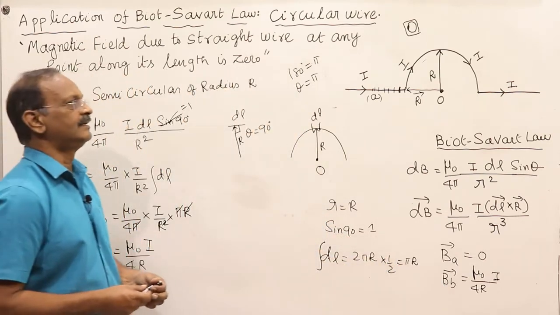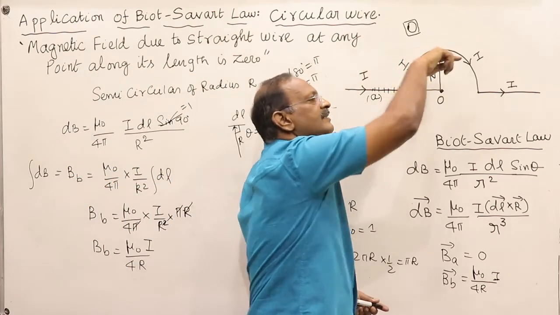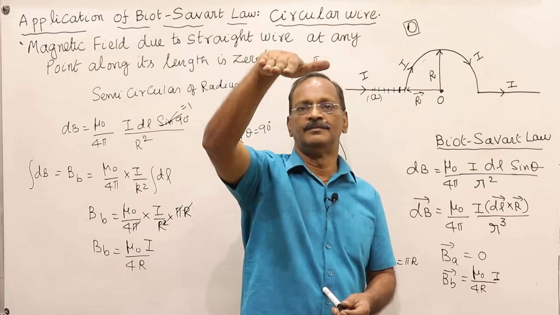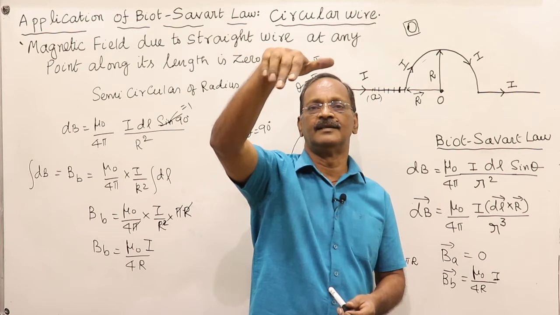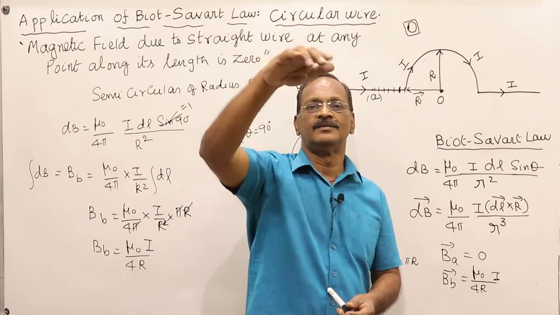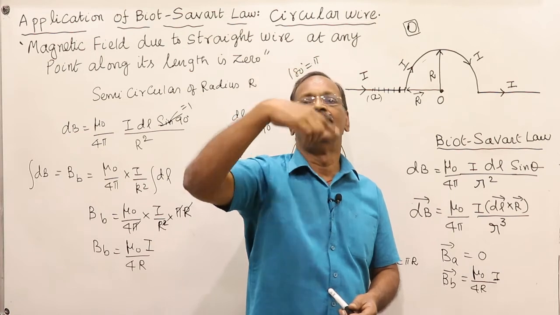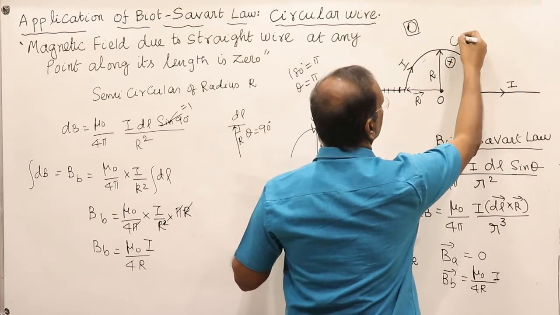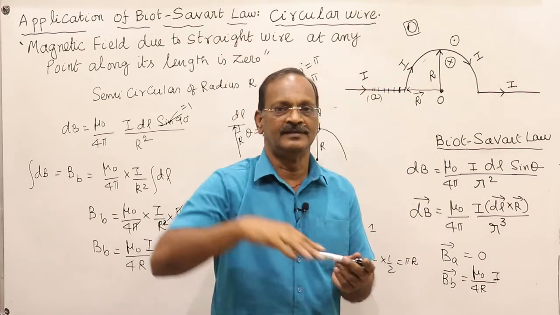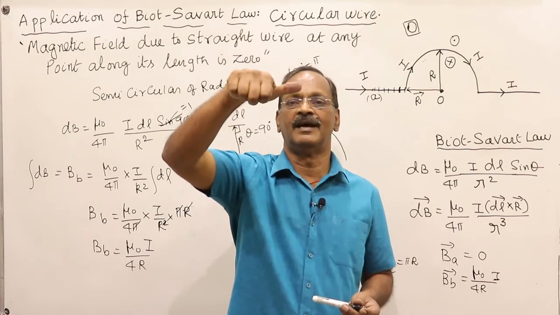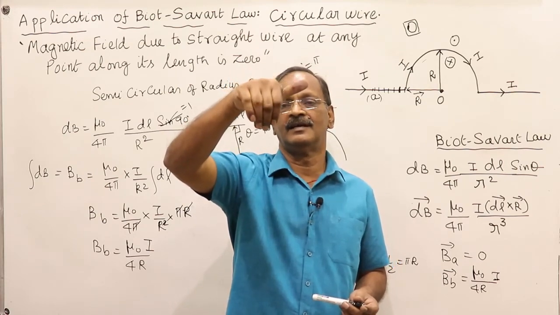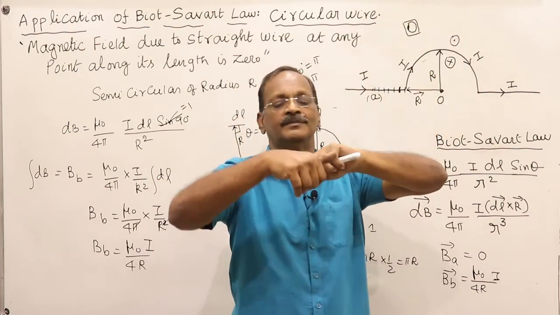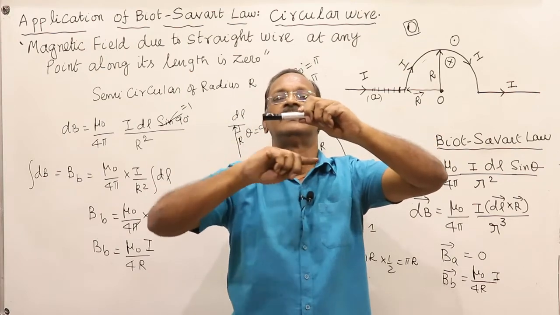What is the direction? The current is flowing here in this direction. We apply the right hand thumb rule: thumb in the direction of current, and we curl the fingers. It means below the wire it is entering inside, and above the wire it is coming out.